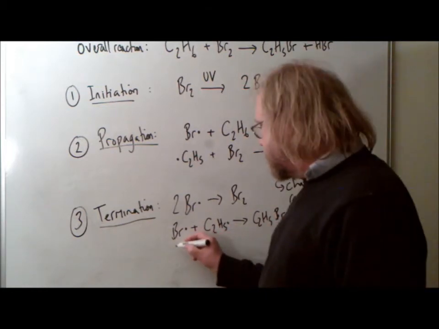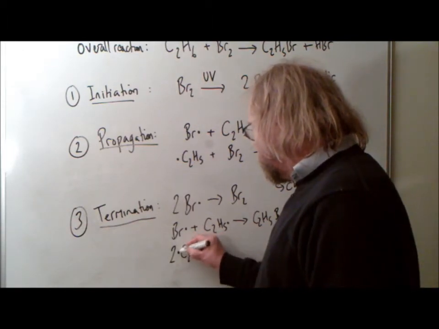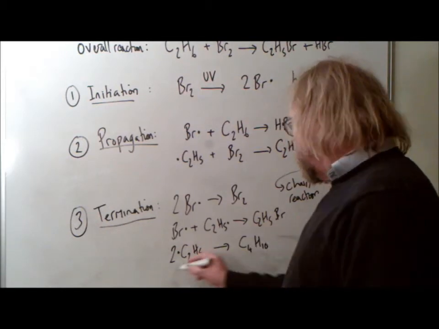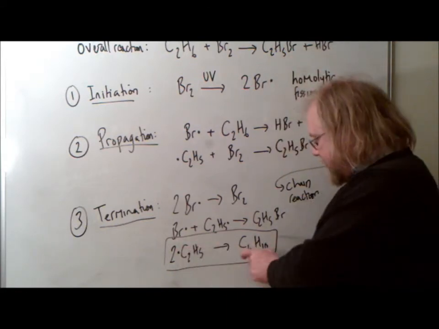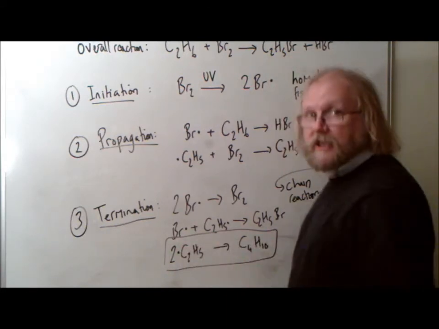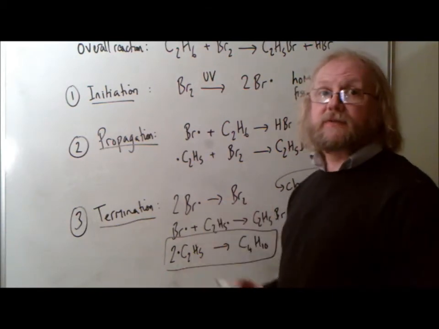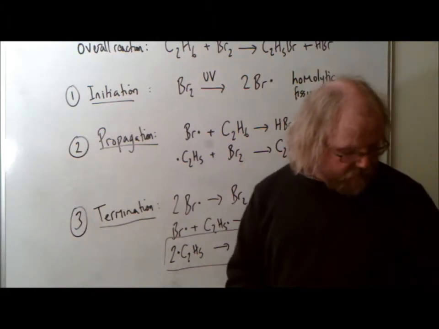The interesting one is the third one. If two ethyl radicals react together, then you'll get C4H10, which is butane. And that's the one often that they will ask you to focus on, because obviously explaining how you get this doubling of the number of carbons in a molecule is a special feature of this mechanism. So you'll get a trace of butane being formed.